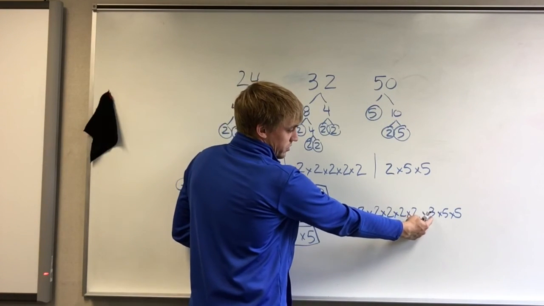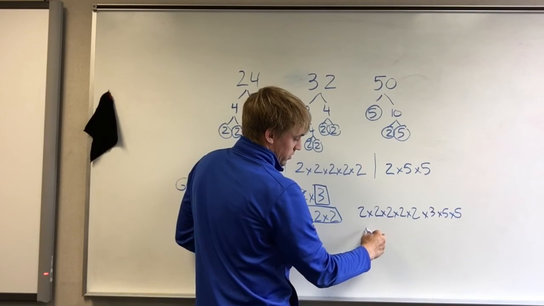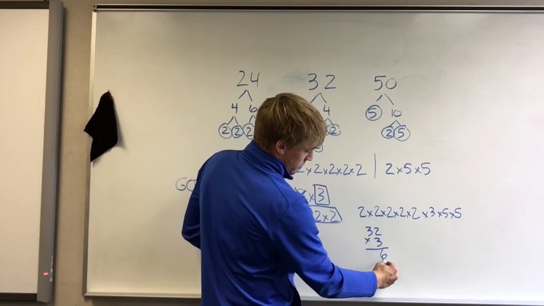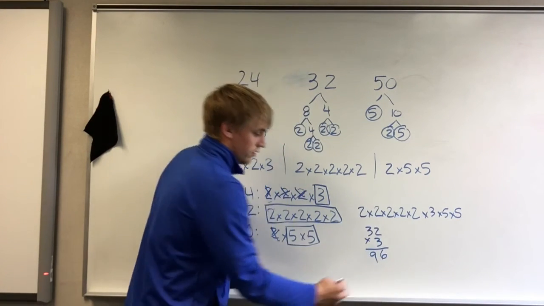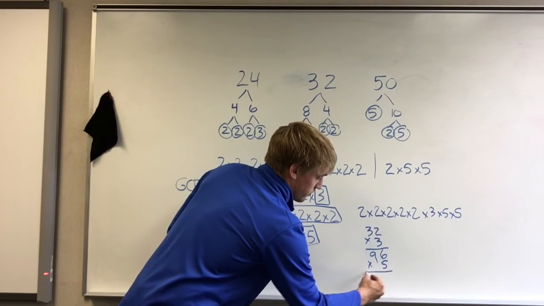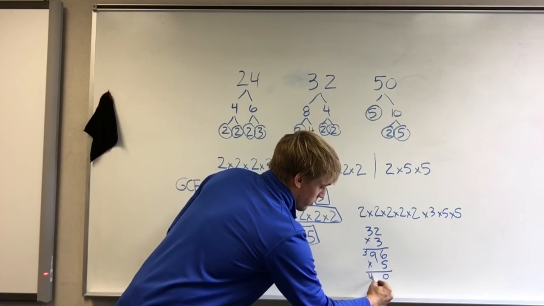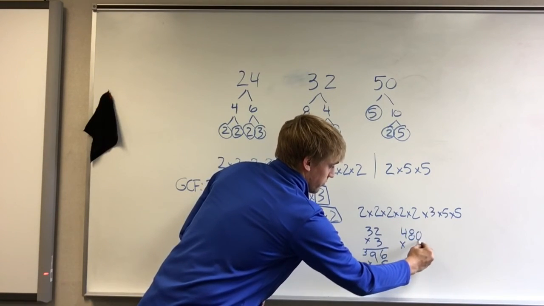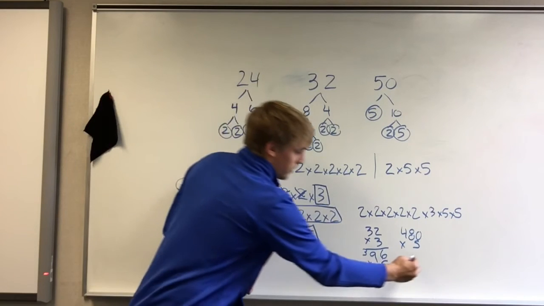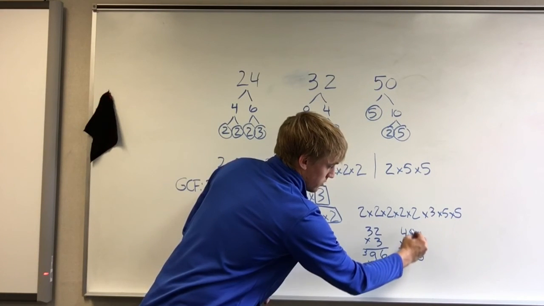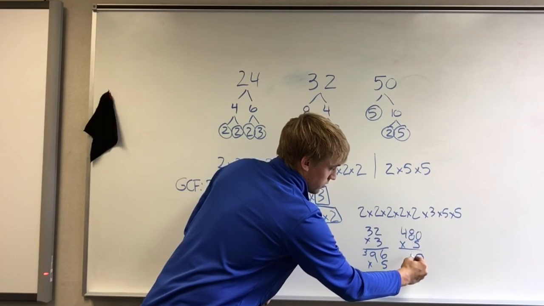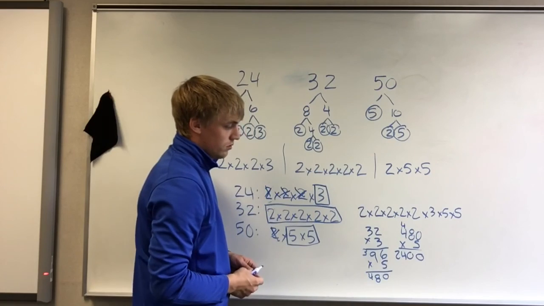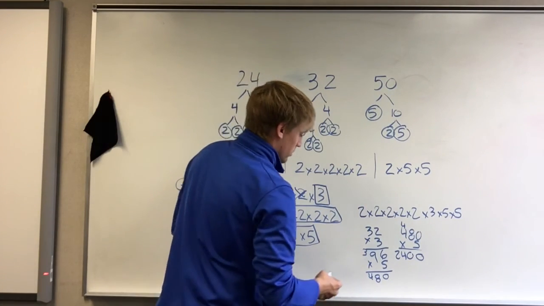So 32 times 3 is 96, times 5 is 480, and 480 times another 5 is 2400.